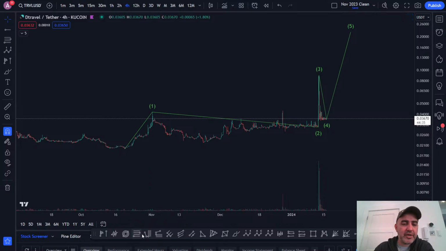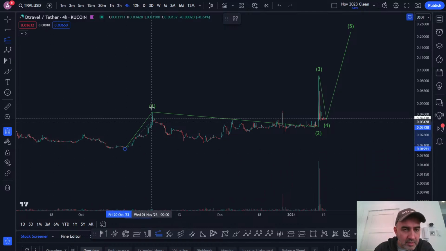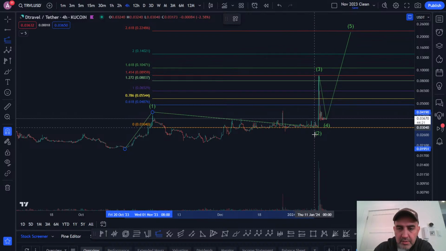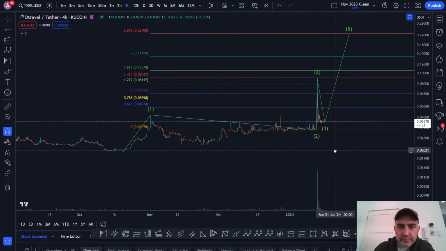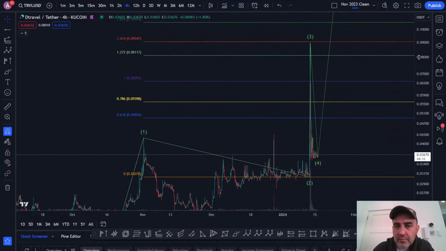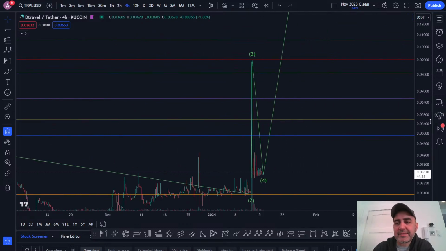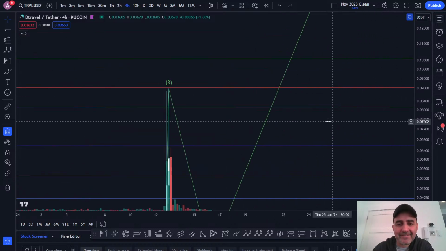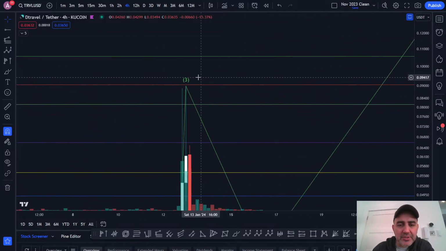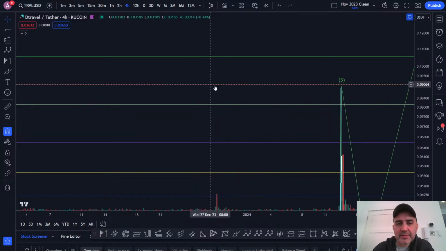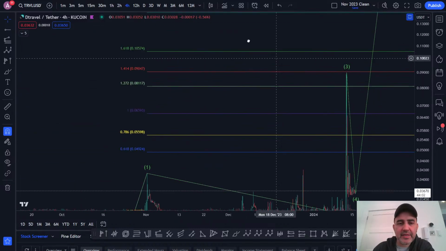So if you do a trend-based fib extension, see, KuCoin didn't get to the 1.618. That's the thing. The charts are saying slightly different things.